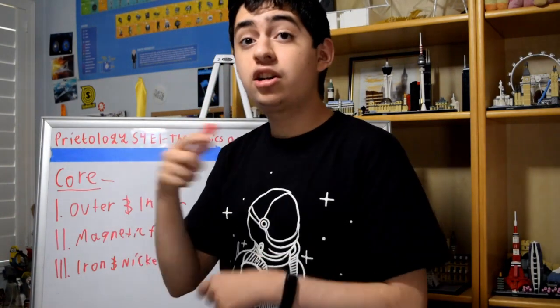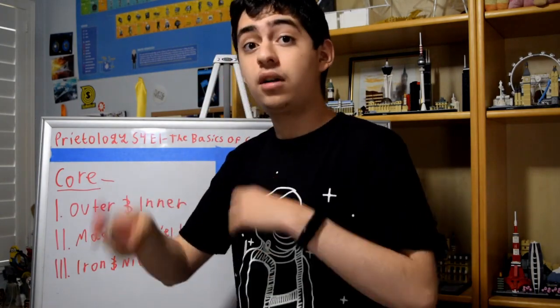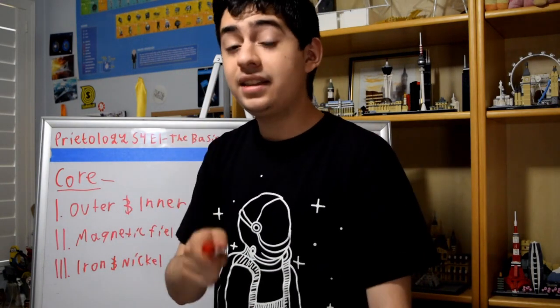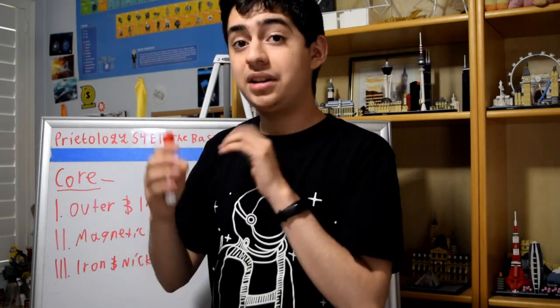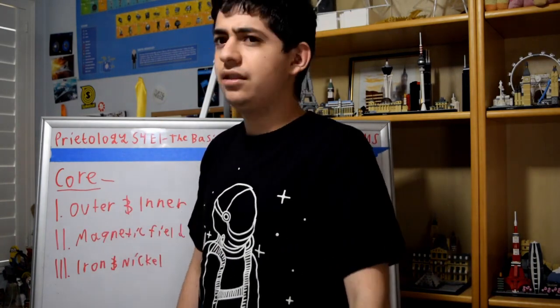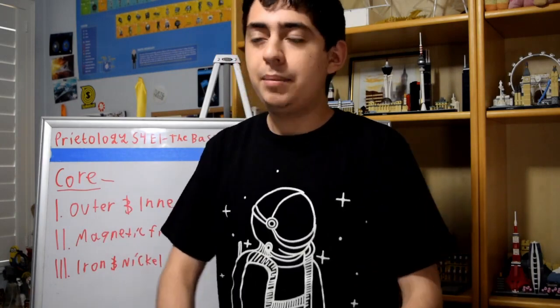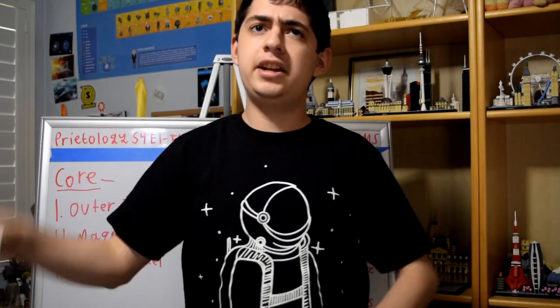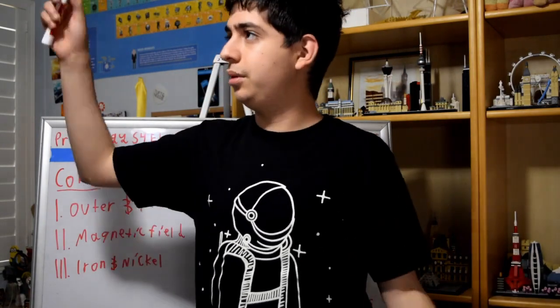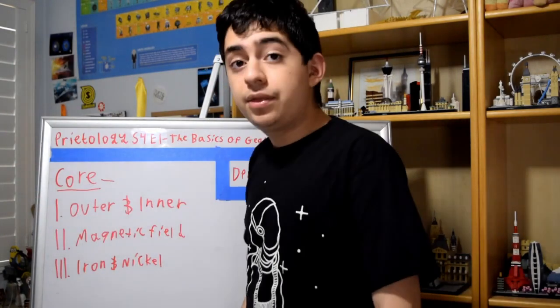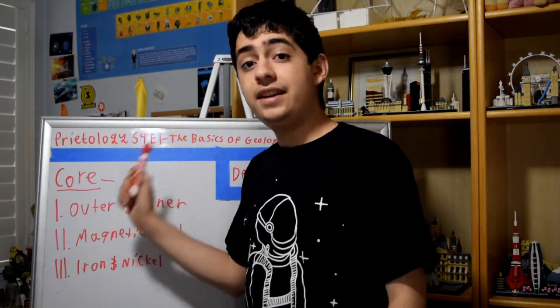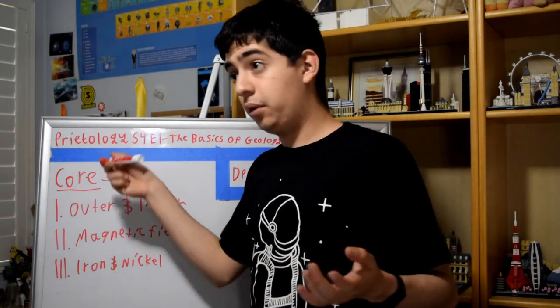The rotating core is the thing that creates the magnetic field of the Earth. The rotating currents create the magnetic field in the Earth. The magnetic field of the Earth protects us from cosmic radiation and stuff like that. The core is mostly composed of iron and nickel, which allows for it to be magnetic.